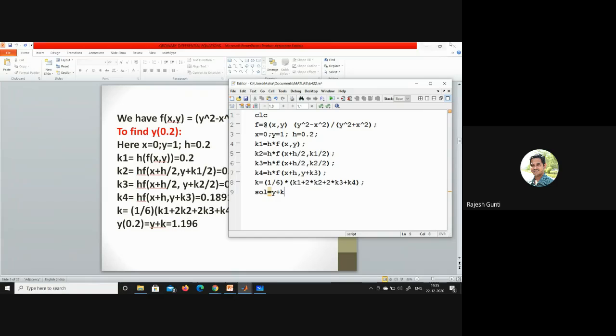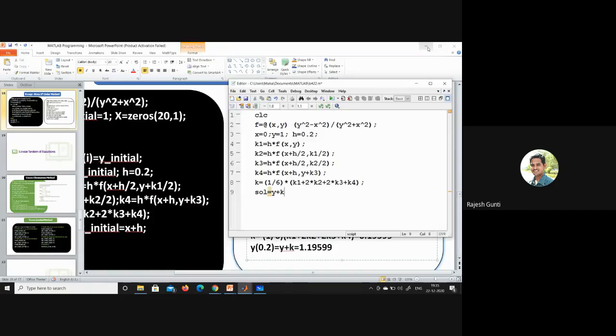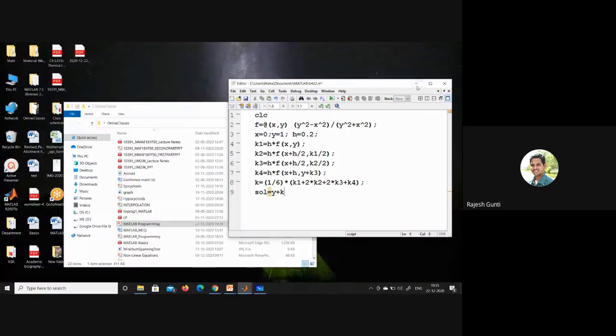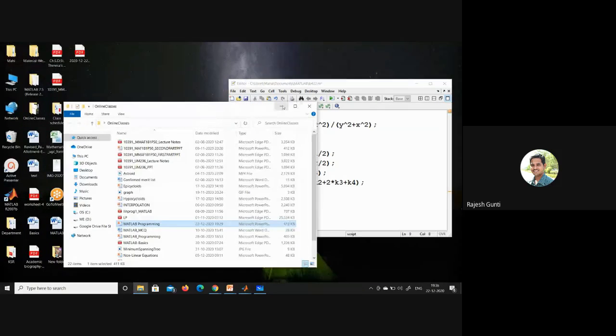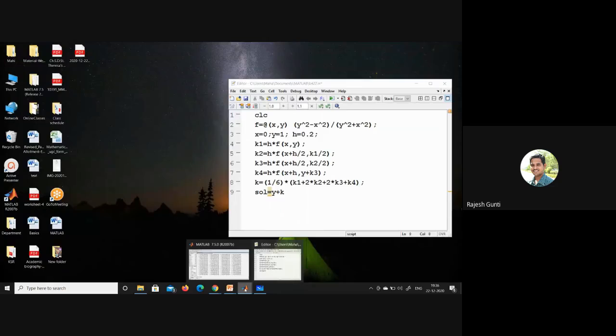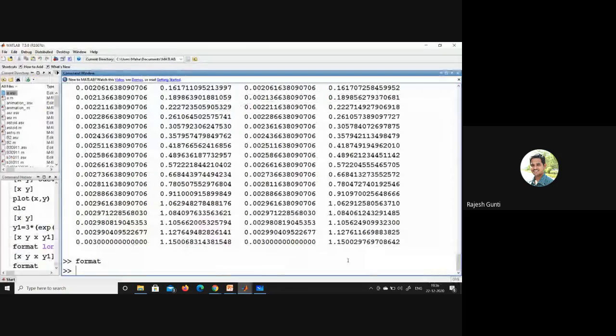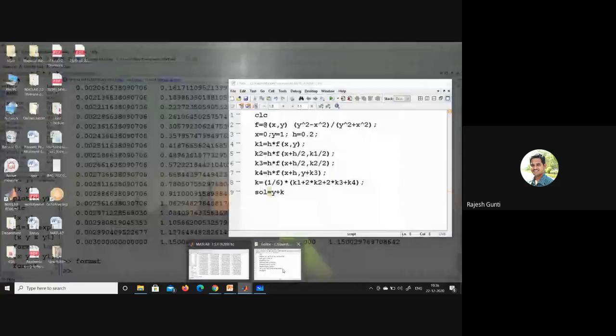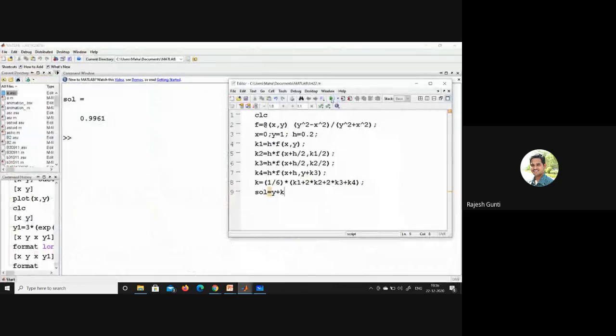If you run this program, we will get the y value at the solution value. The solution is 0 point... It came 0 point... Sir, in lines 5 and 6, y plus is missing, sir.